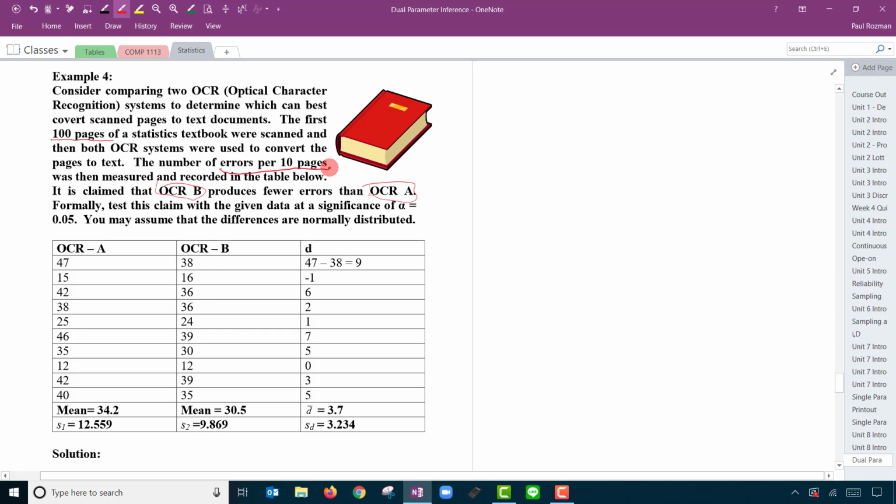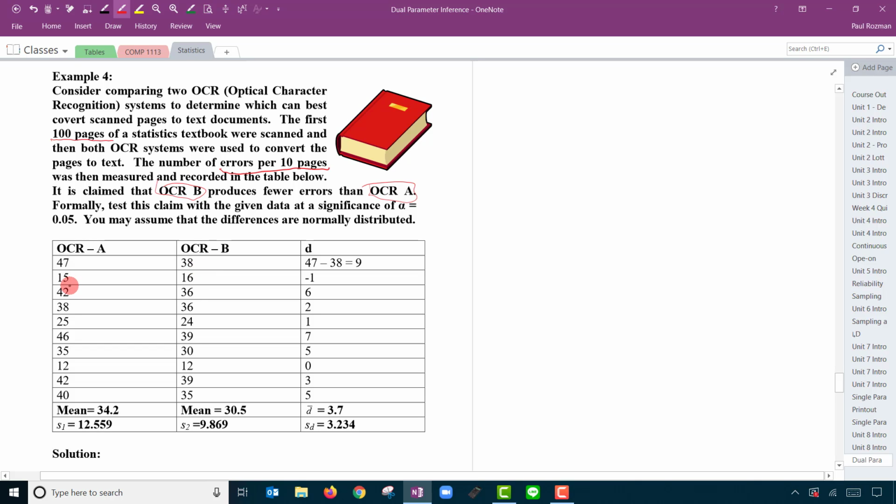So in my 100 pages of text, I'm going to have 10 sets of 10 pages. And then I'm going to count how many errors are in each set of 10 pages. So in the first 10 pages of the book, software A made 47 mistakes, and software B only made 38 mistakes.